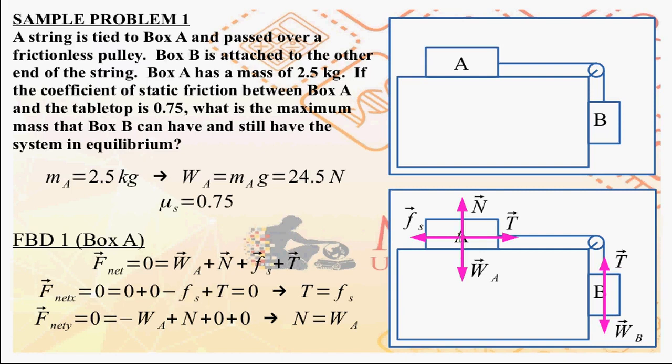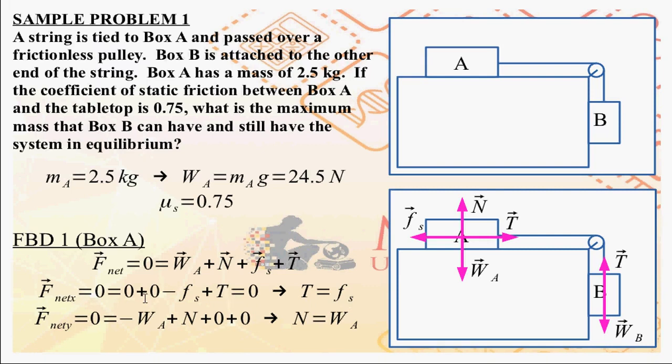Tension is horizontal, all of it is in the x component and it is heading in the positive direction, so plus T. The x component tells us, and it should be equal to, again, 0, that the magnitude of tension is just equal to the magnitude of the static friction.